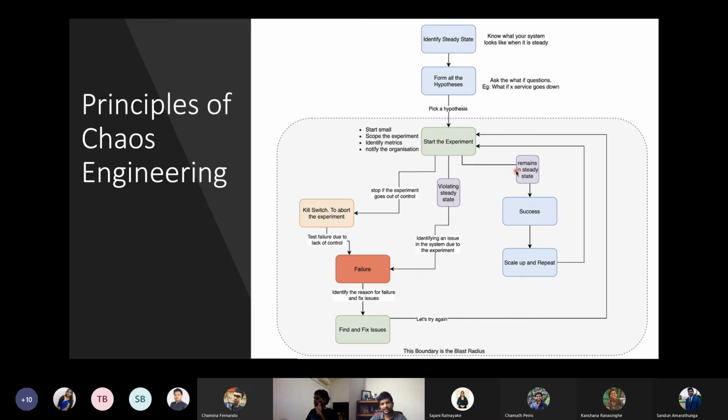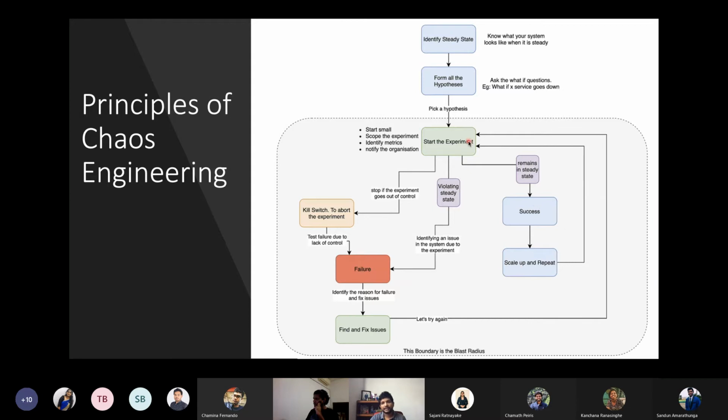Let's start with the right-hand side of this. When you're starting the experiment, you need to start small. You need to scope the experiment, identify the metrics, and notify the organization. And if the experiment stays in the steady state, that means it is a success and you can scale up and repeat.